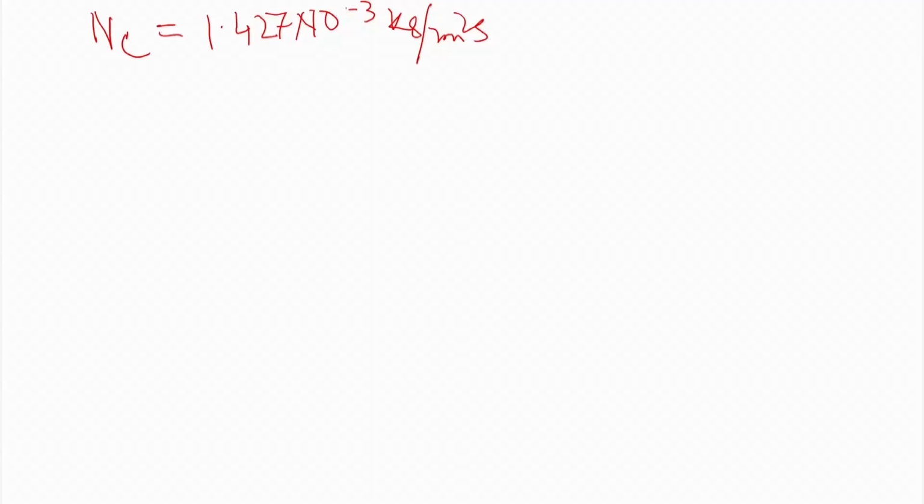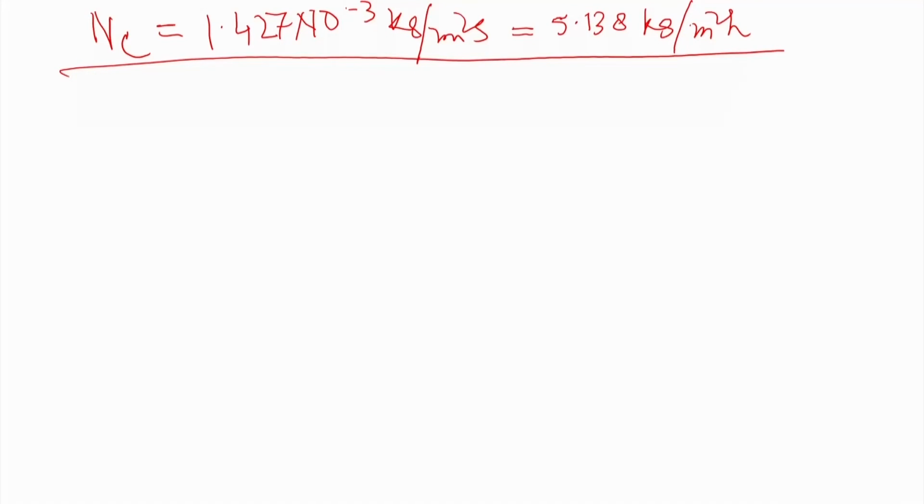Now, we need to express this in terms of hour. Multiplying by 3600, it will be 5.138 kg per meter square hour. So, we have Nc equal to 5.138 kg per meter square hour.